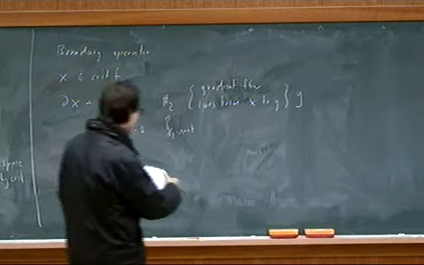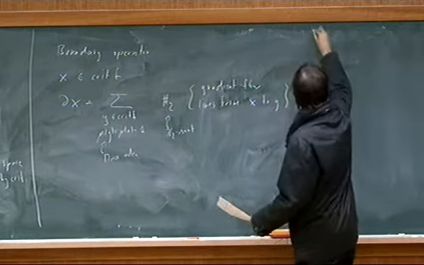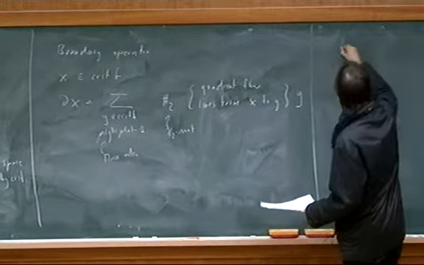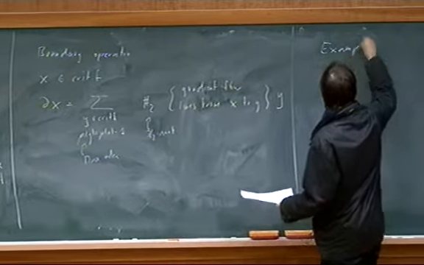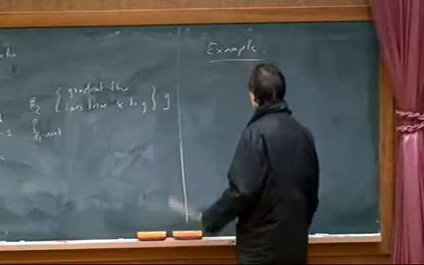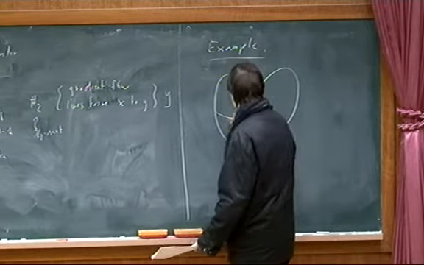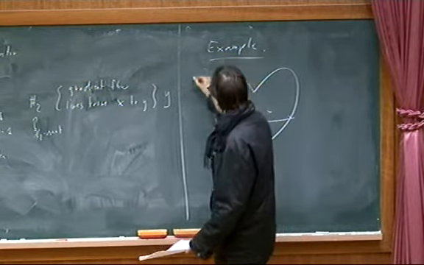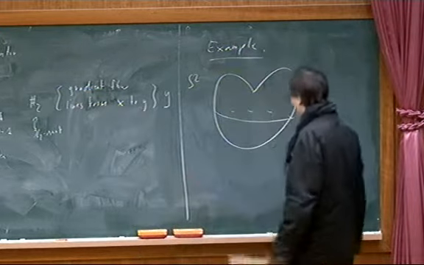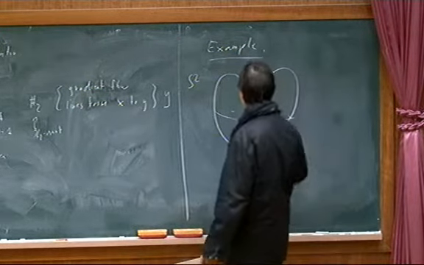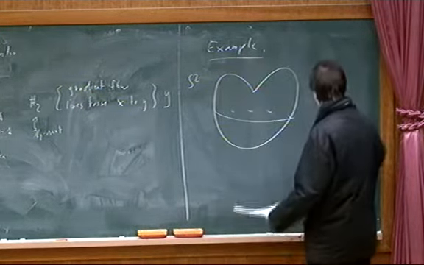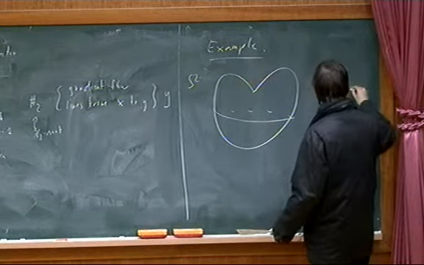And so to understand what happens, let's just look at an example, the famous heart. So this is a picture, a little deformed picture of S2. As function f, we take the height function.